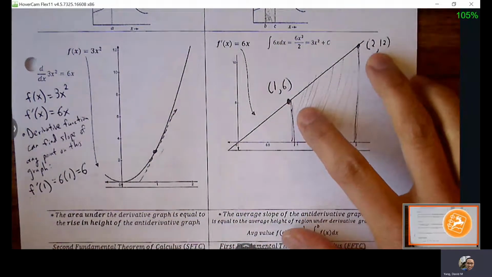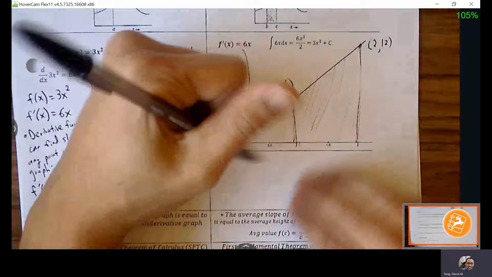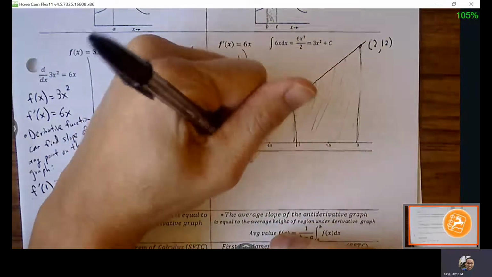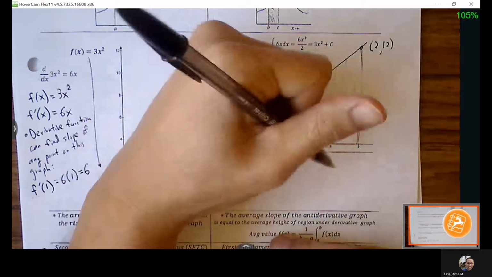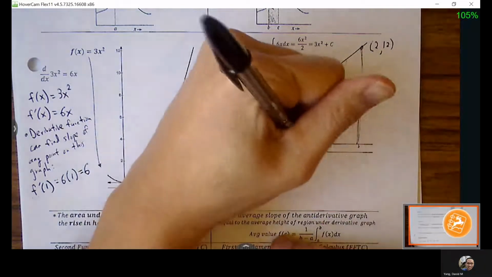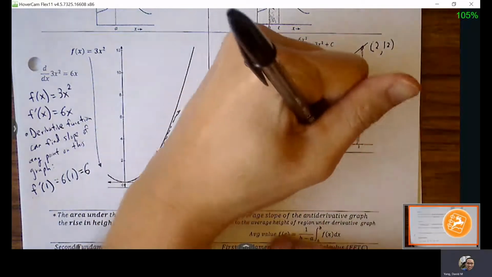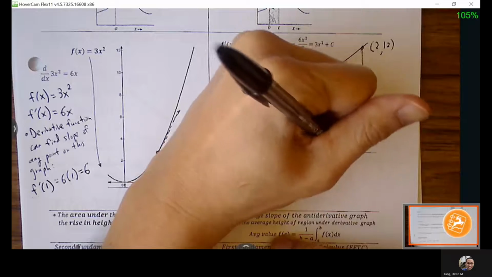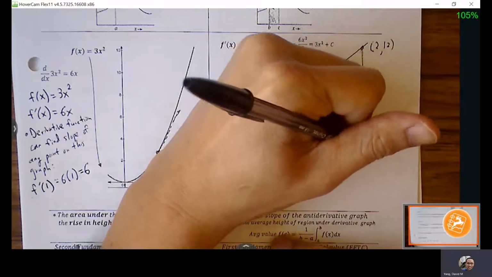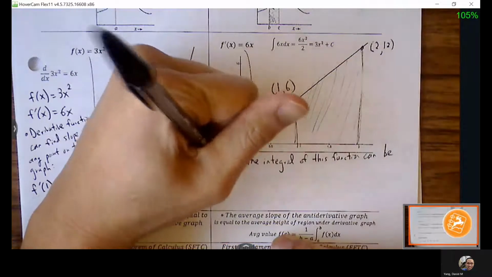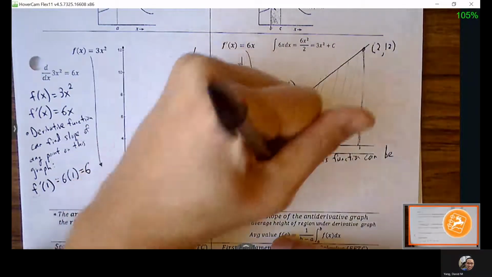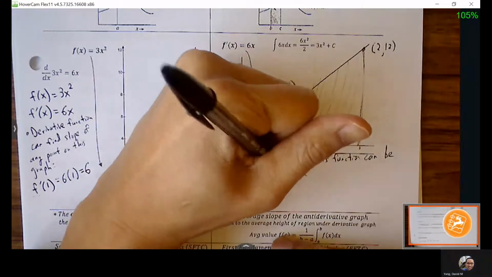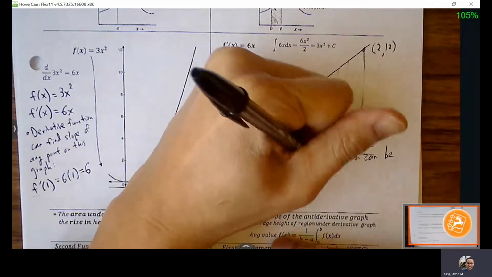So if I want to find the area of this region, we can say the integral or the antiderivative of this function can be used to find the area under this graph.